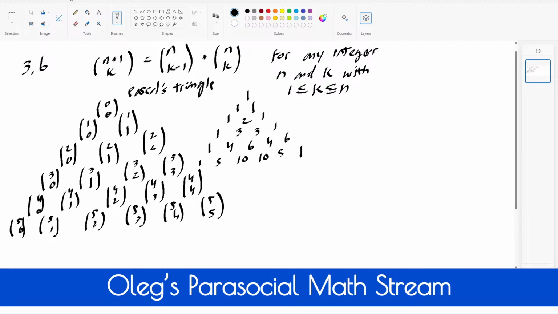We could always add a new row at the bottom by placing 1 on each end and obtaining the remaining numbers by adding the two numbers above each position. Now they showed us what 8 rows look like for n choose k, and without having to use a formula, by working our way down, we know what the next numbers are going to be. This is going to be 20, for example. This is going to be 6. Just by the rule that you add the 2 directly above it, that's how we populate the line.